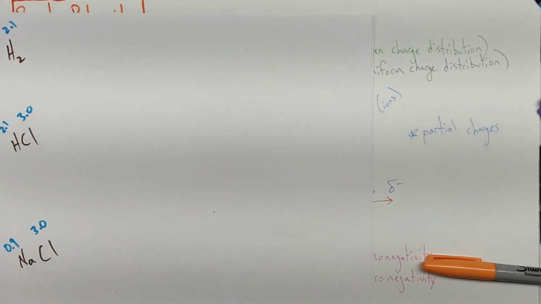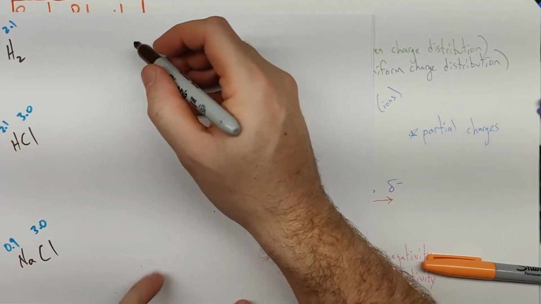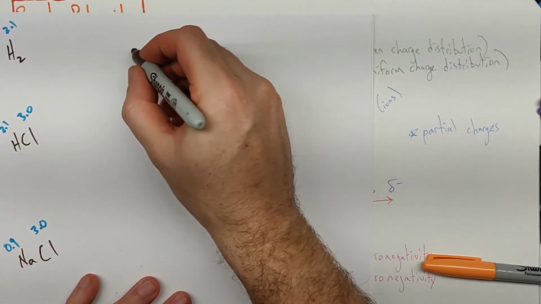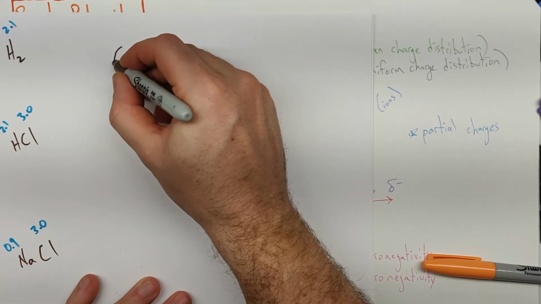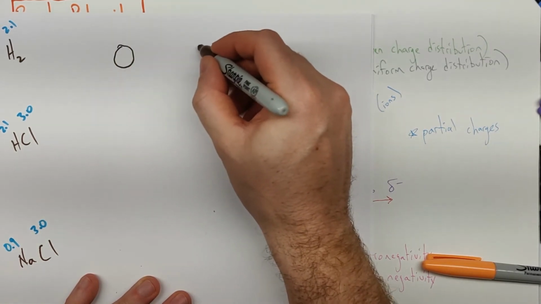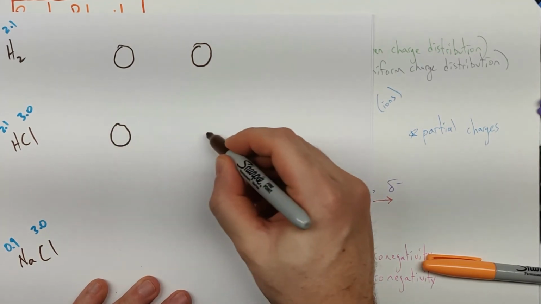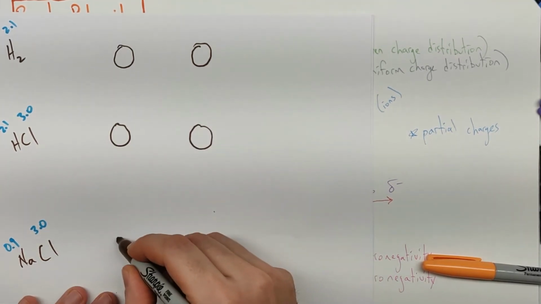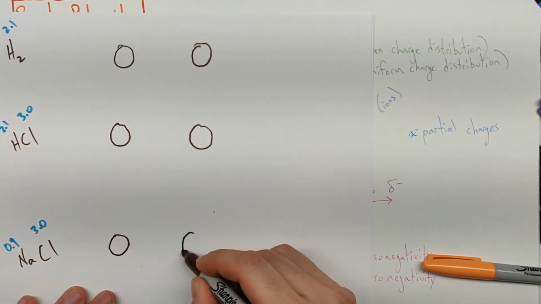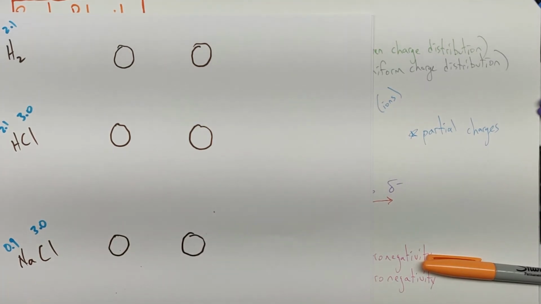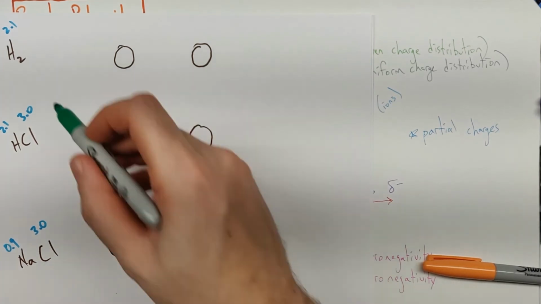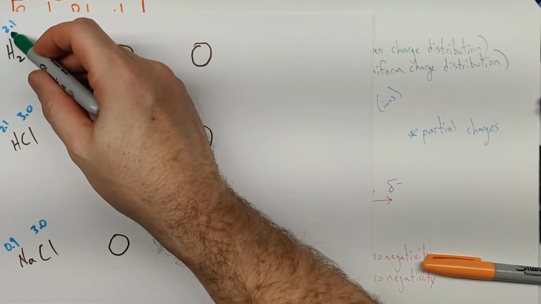When we draw these, I'll draw this hydrogen first, and size is not going to be to scale, so don't get yourselves all excited. But I'm just going to draw one of my atoms there, and one of my atoms there, and I'll do the same thing here and here. And what I want us to look at are the electrons in between them, right? So this has equal electronegativities.